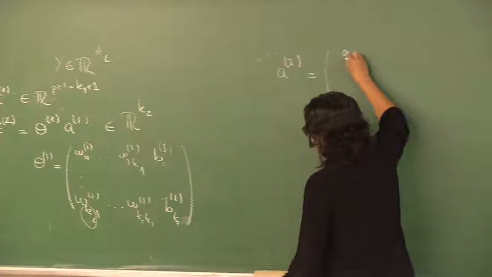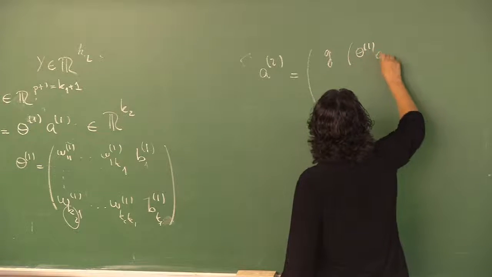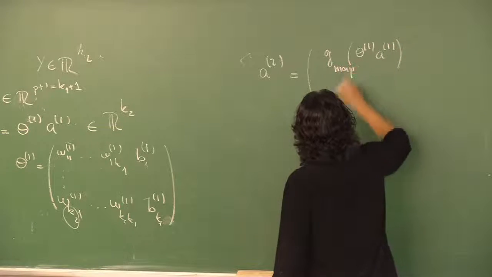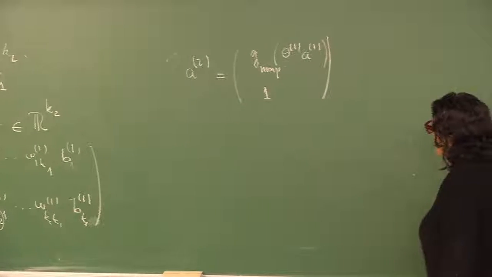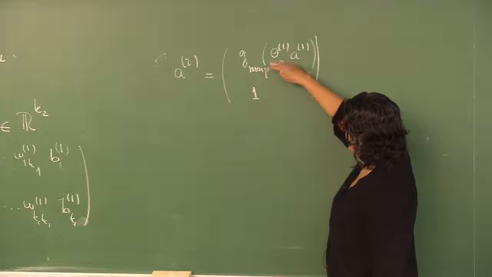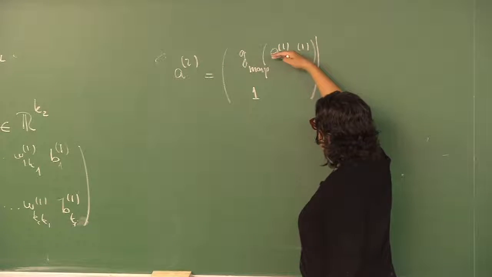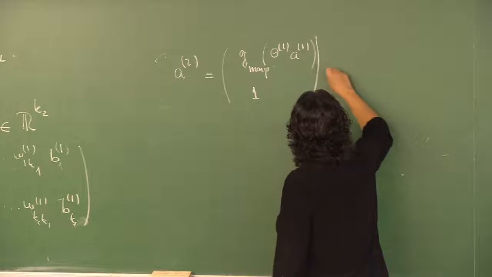To do the activation, I will do the following. I will write G here. I will tell you what it is. Theta 1, A1, I apply the activation that I call map, and I add the 1 here. What is the meaning of map? It means that to each of these linear combinations, I'm going to apply the same activation function. And this is going to belong where?